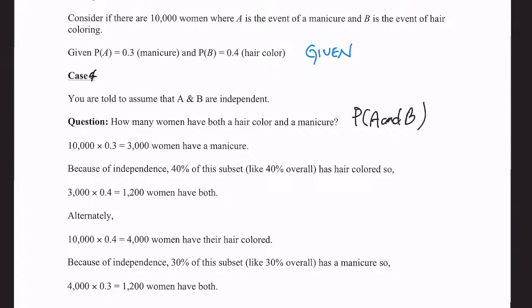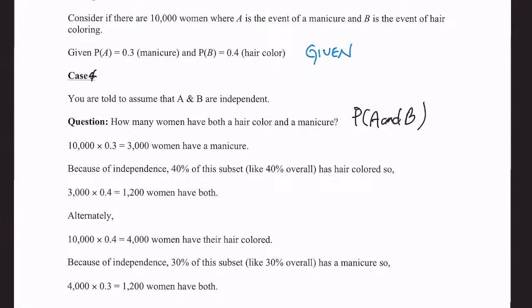So in that case, out of 10,000 women, 30% would have a manicure. Since the events manicure and hair color are independent, then 40% of this subset of women, the 3,000, just like 40% overall, the probability doesn't change, also has their hair colored.